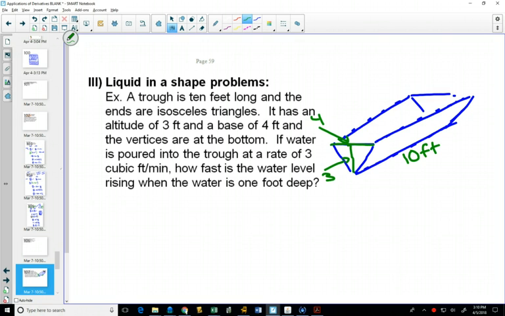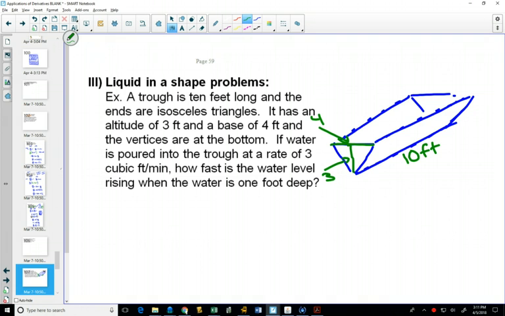And one of the things that you're going to find in these questions is the ability to draw a picture is going to be important. If water is poured into the trough at a rate of 3 cubic feet per minute, how fast is the water level rising when the water is 1 foot deep?